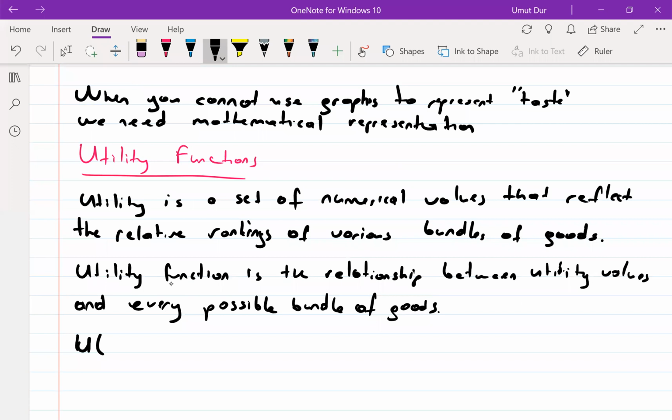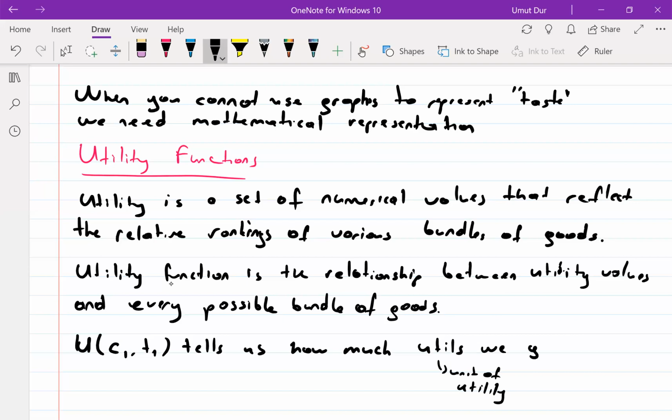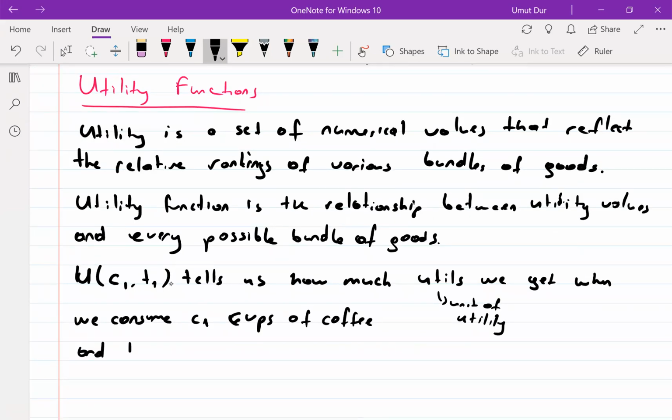When I write u of C1, T1, this tells us how many utils, the unit of utility, we get when we consume C1 cups of coffee and T1 cups of tea.